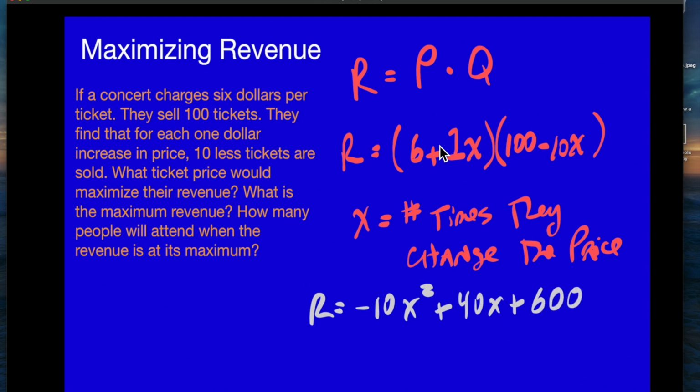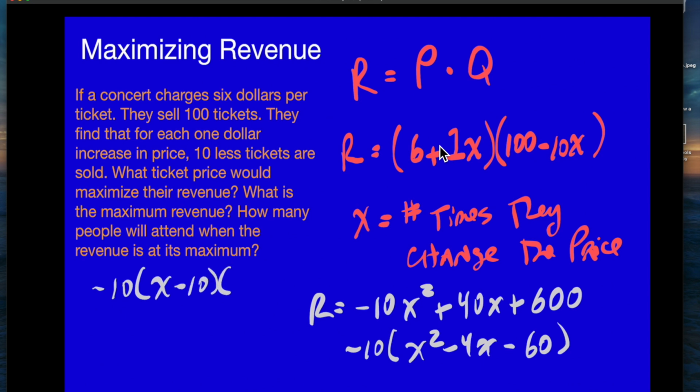If we factor out a negative 10 out front, we get x squared minus 4x minus 60. And when we factor that, we get negative 10 times x minus 10 times x plus 6.